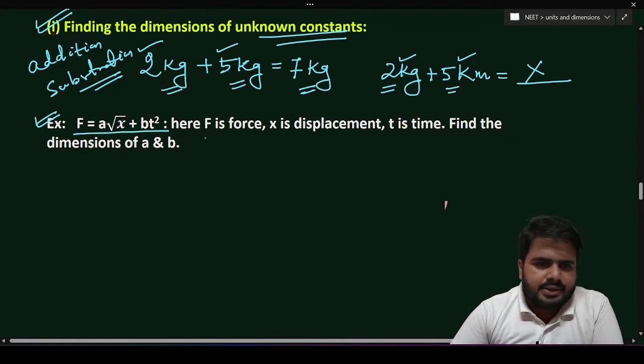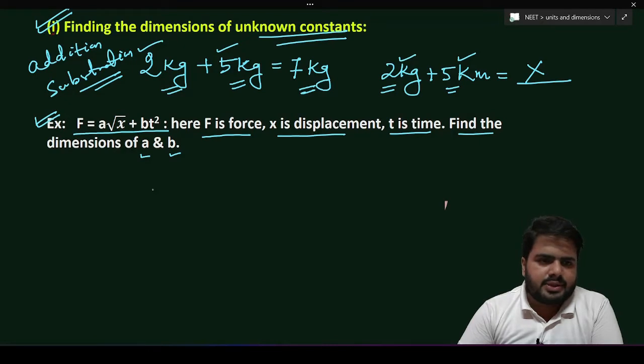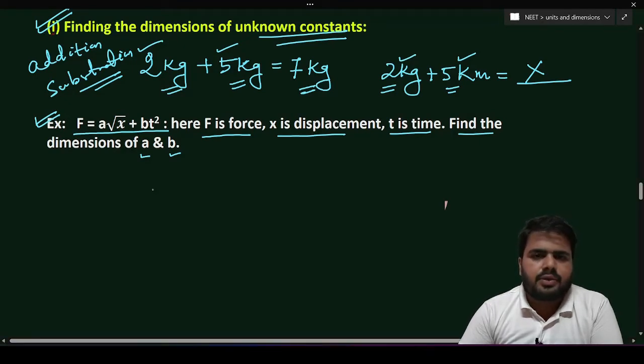In the question, F is force, x is displacement and t is time. You have to find the dimensions of a and b. Here a and b are unknown to us. We don't know the meaning of these constants.